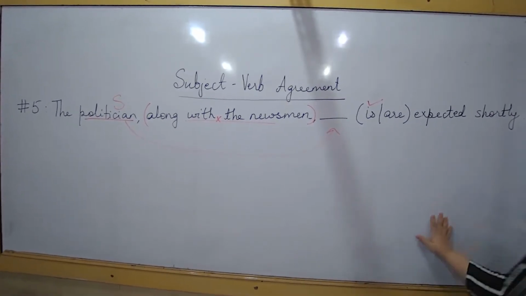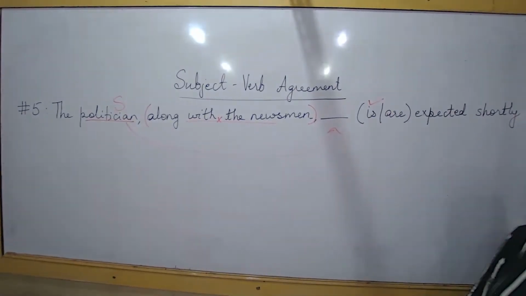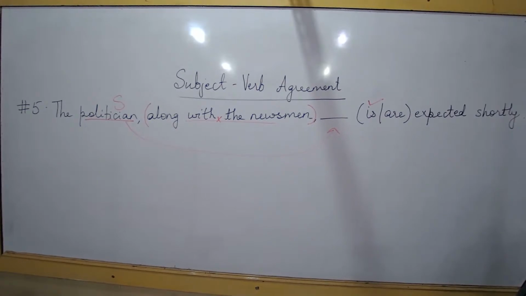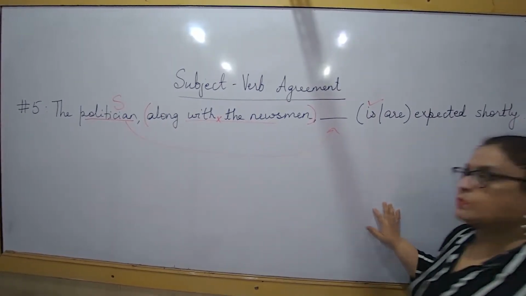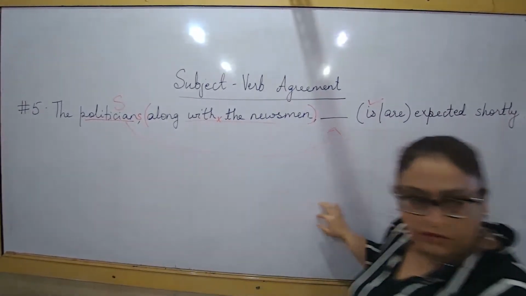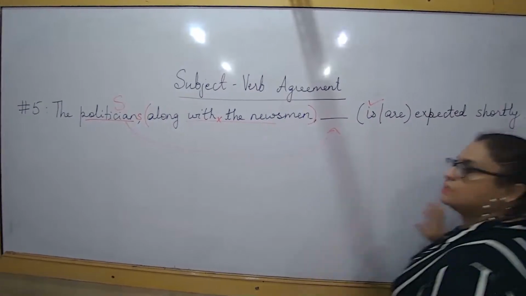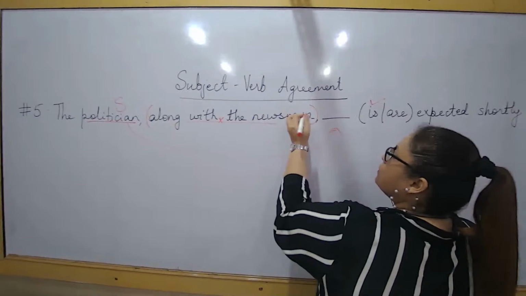Okay, what you all were saying, that one is singular, one is plural, that is only in case of or, either or, neither nor. In this case, what are you going to do? You will see your main subject. What if this was politicians? Then it would be are. What if this was politicians and this was newsman?